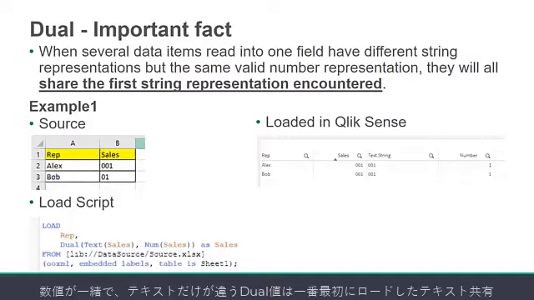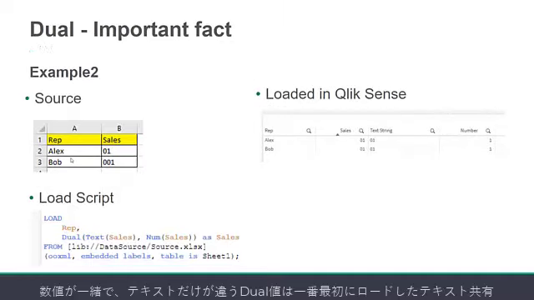Okay, let's have a look at a second example. Let's assume there is a data source, again an Excel spreadsheet. It contains rep and sales, but this time the 01 and 001 order is reversed. Alex has sales 01 and Bob has sales 001.